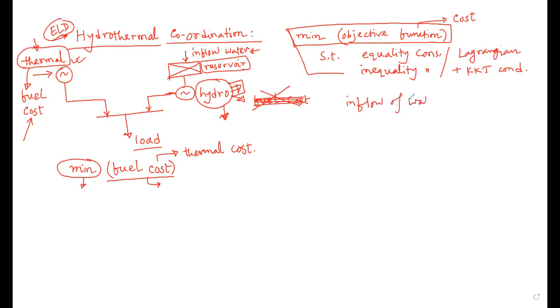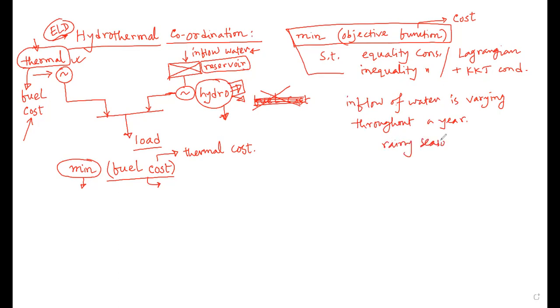So the inflow of water is not constant, it is varying, and it varies throughout a year. Luckily, we don't have to go beyond a year, because generally this flow of water or the inflow of water depends on whether it is a rainy season or a dry season.